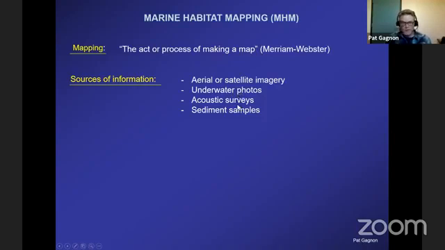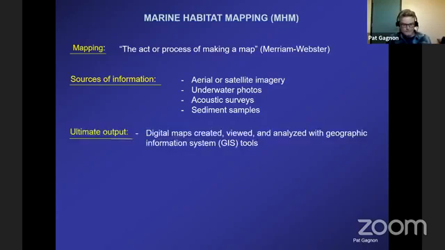Sometimes we use devices that use sound waves to map things on the seabed. Often when we go offshore, there is lots of sediment on the seabed, so we may take sediment samples on board boats with grabs and so on. We like to combine all these sources of information to create some fancy maps of what's on the seabed.